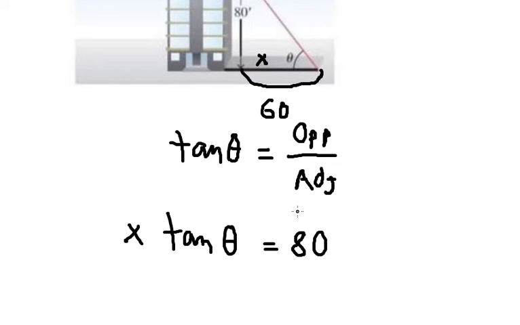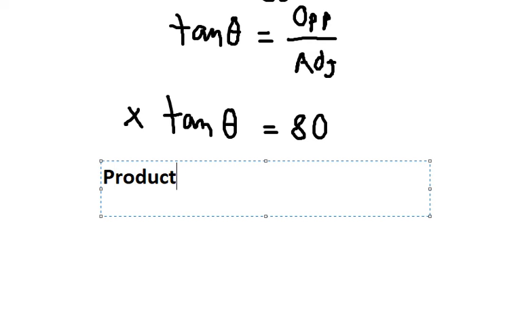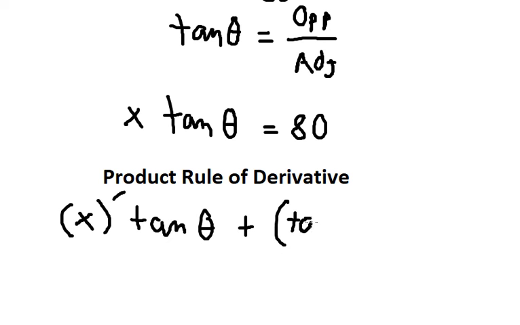Now we need to first take the derivative of both sides. So we can apply the product rule of the derivative. That should be first the derivative of s multiplied by tan theta. Later we need to take the derivative of tan theta multiplied by s equals 80.